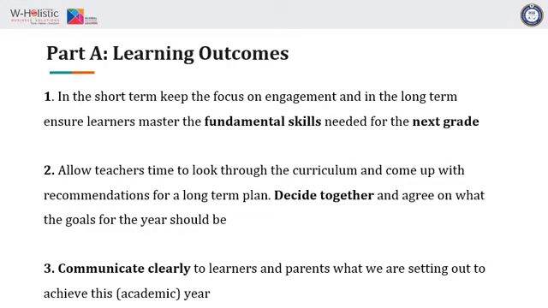And like we mentioned prior, they will need to look at the next grade level's curriculum to be able to ensure that the skills that they're given, these fundamental skills, are actually adequate. And to do this, they need time.